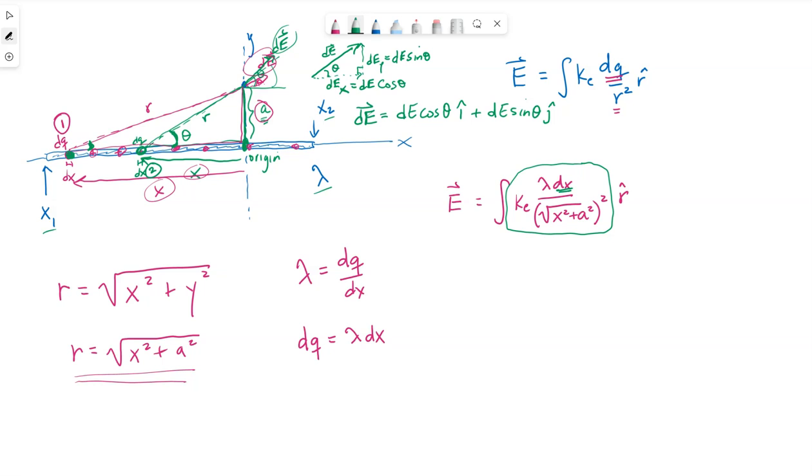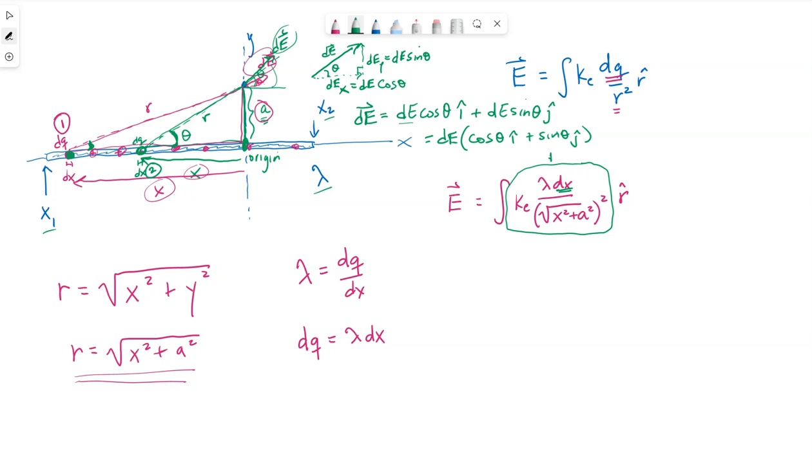So the vector representing the electric field due to just one single point charge will be the magnitude times the cosine of theta for the x component, the magnitude times the sine of theta to get the y component. The magnitude's the same either way, so I can factor that part out.